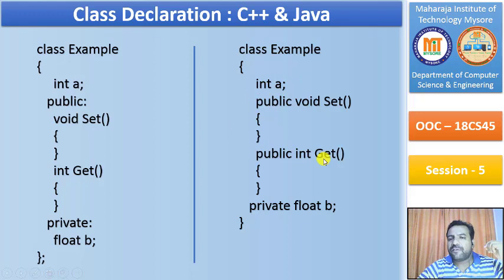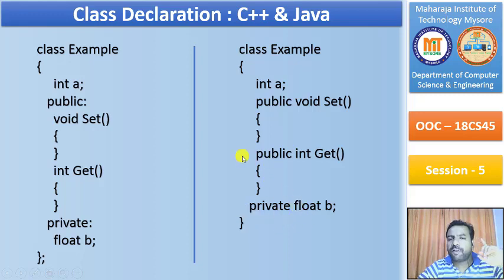The get function also needs to be public, hence I'm using the public keyword before this member function, and so these two members become public. This one is private. Again, float B I want to be private. You cannot use the private and colon style; I use the private keyword followed by the data member name. Now this becomes a private data member.